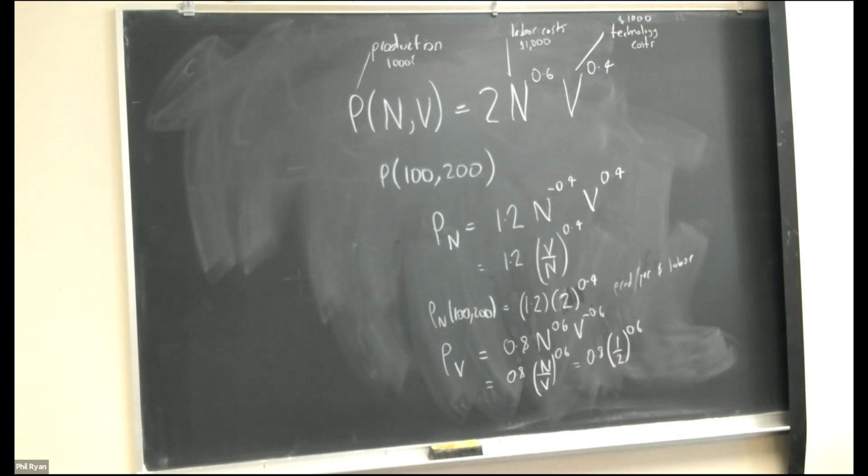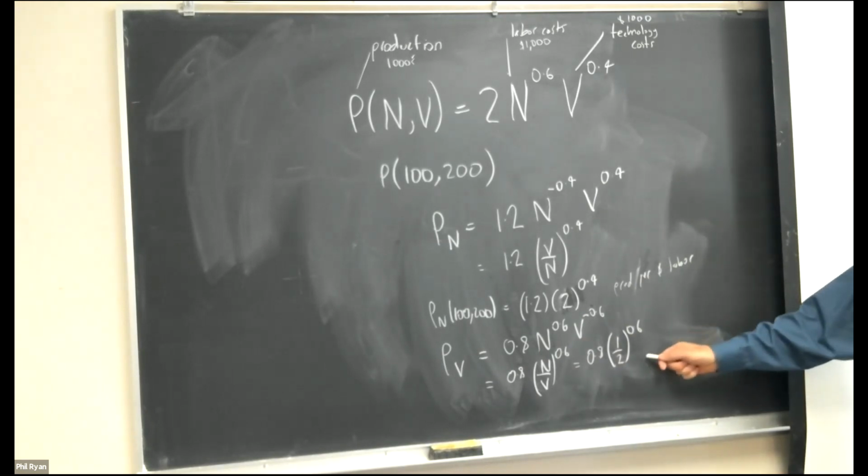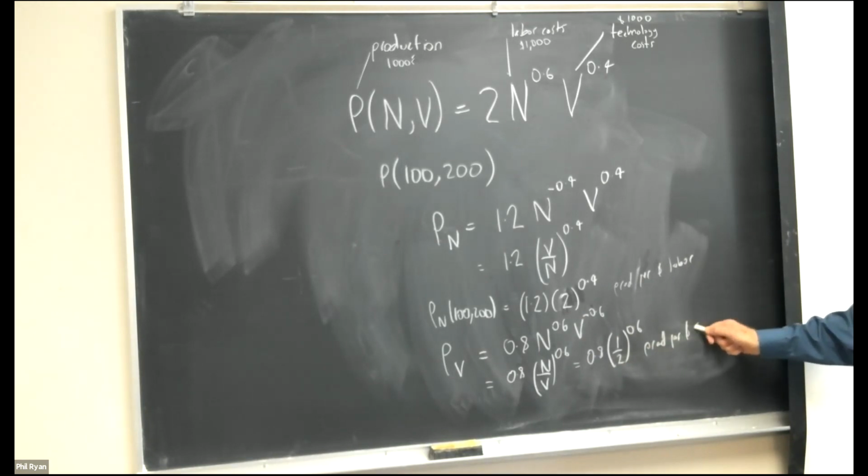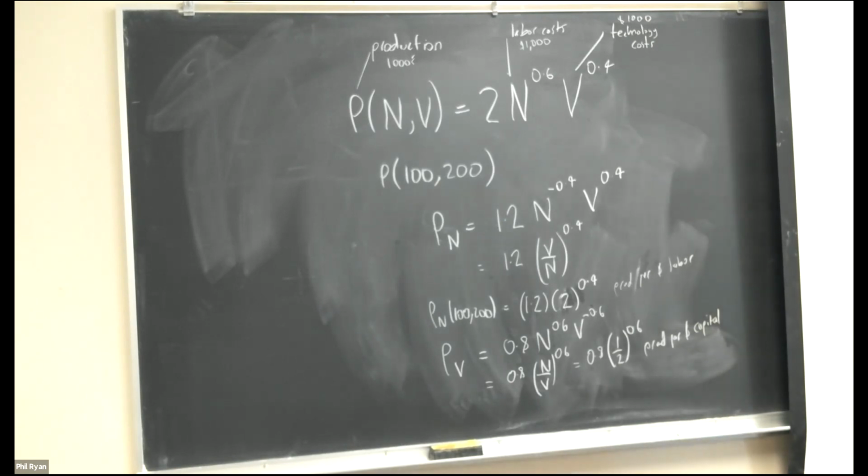And again, that's just a number that we look up, and that's production per dollar on capital. That means how much extra production we can get by spending an extra dollar getting equipment. Okay, so this is really not so different from what we did before when we just looked at derivatives. It's just that now we've got more inputs.